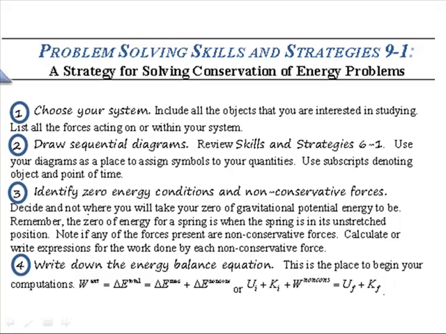We're going to identify our zero energy conditions, what we want to be considered to be the zero energy position. We're going to identify what non-conservative forces might be acting in the system.